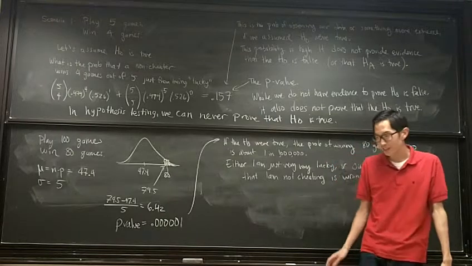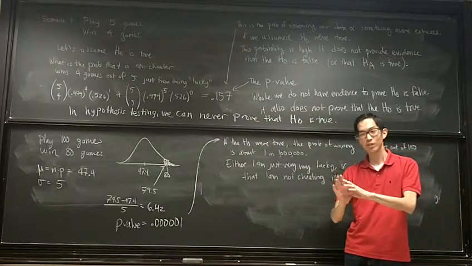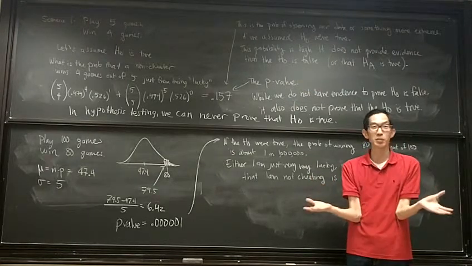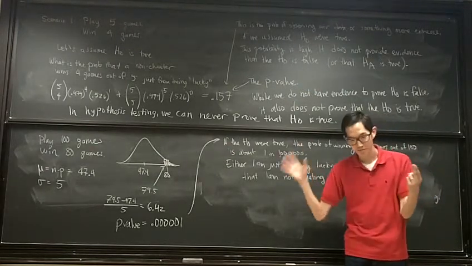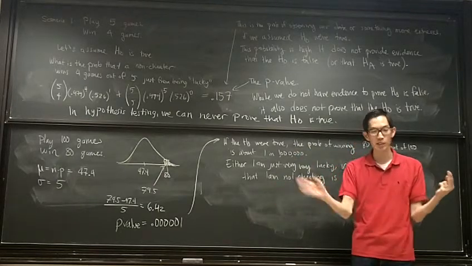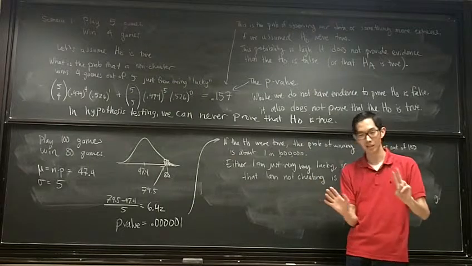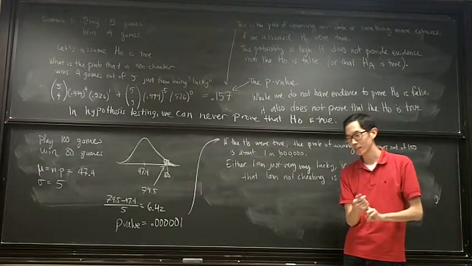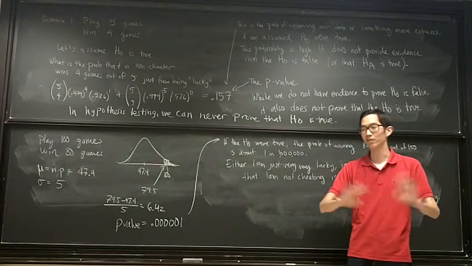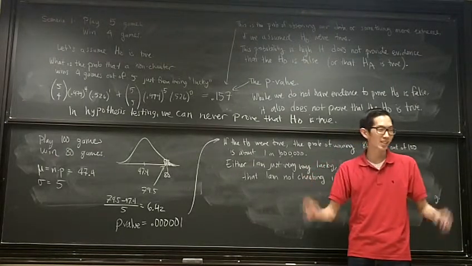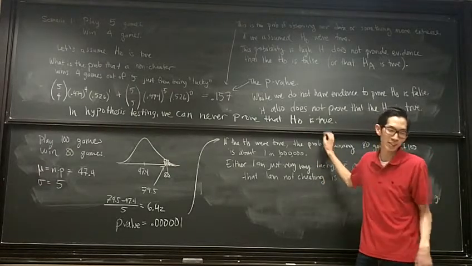That way, they're willing to take a slight risk that they made a mistake. There's a 2% chance that this person won this many games just by pure luck, but they're willing to take that 2% chance and say, we'd rather just not have to deal with this person than have a cheater here.